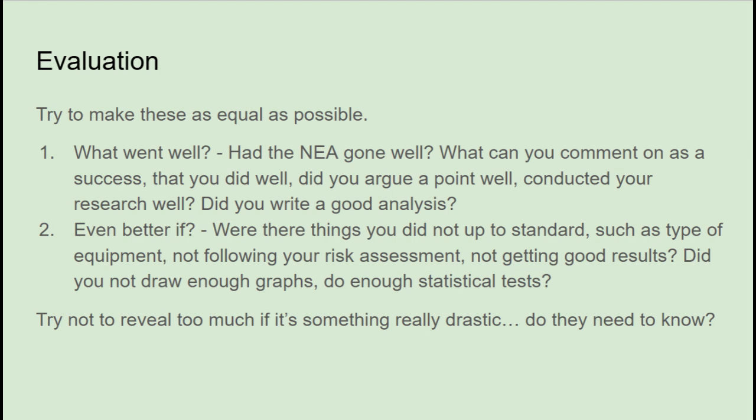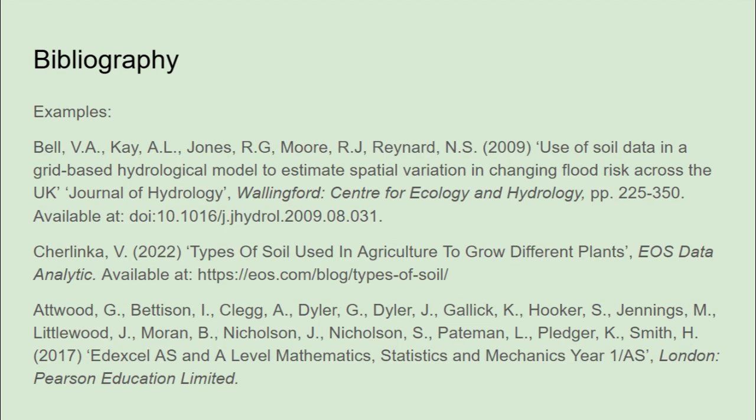Okay, so in terms of bibliography, I've put some examples here of what I've done in the structure of how it should look using Harvard reference. So I put the surname and then the names, all separated by commas for every single person.